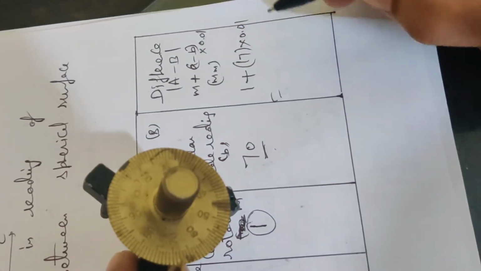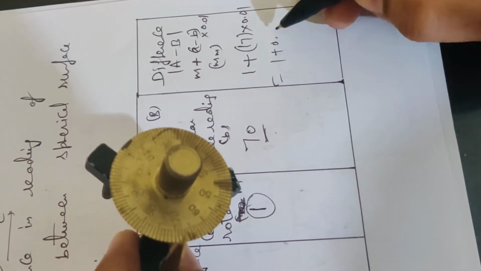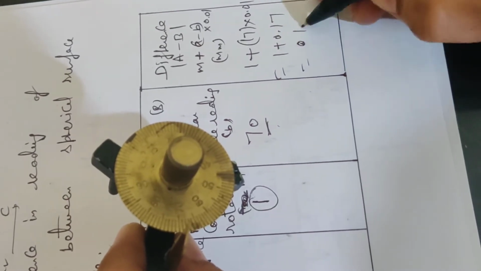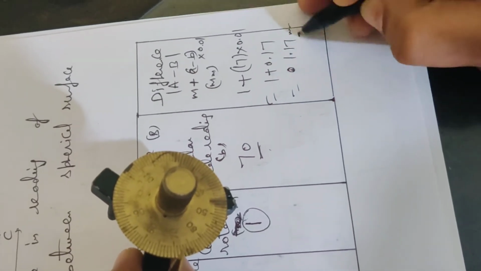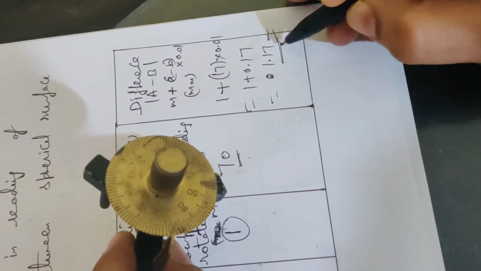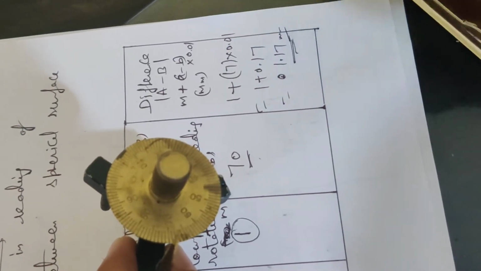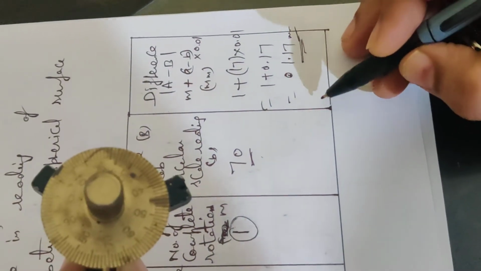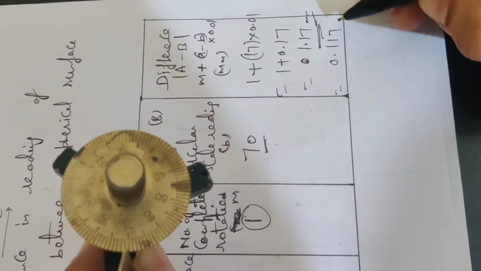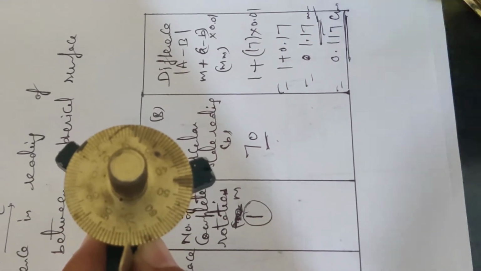So that is equal to 1 plus 0.17, so this is 1.17 millimeter. And 1.17 millimeter is equal to 0.117 centimeter. 0.117 centimeter is the difference.